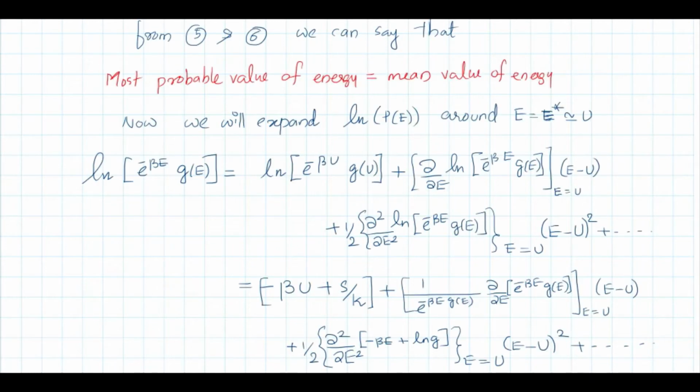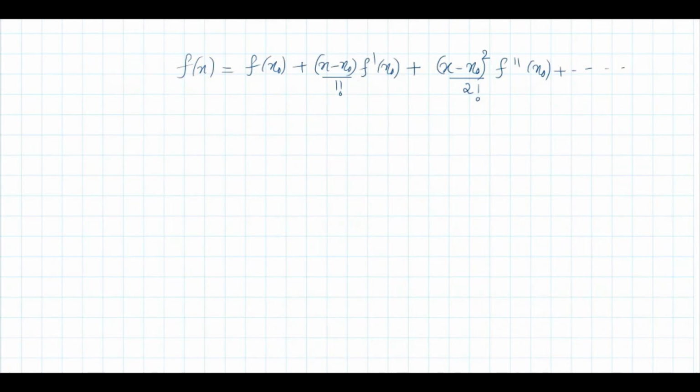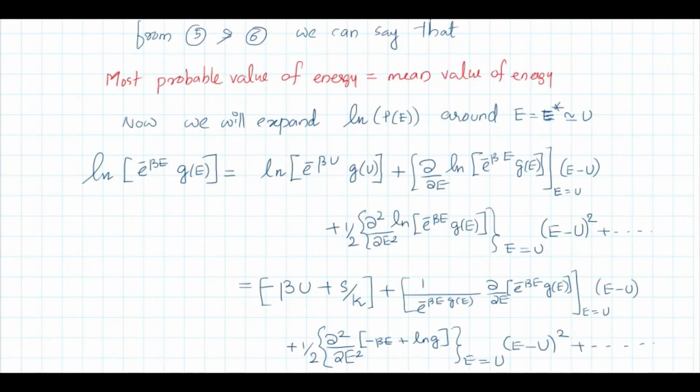So here we can write it as the logarithm of e raised to minus beta E times G of E. The Taylor expansion is the logarithm of e raised to minus beta U times G of U, instead of this f of x naught, plus (E minus U)/1 factorial times the first derivative ∂/∂E of log of e raised to minus beta E G of E evaluated at E equal to U, plus (E minus U) whole squared by 2 factorial, that 2 factorial is simply 2, times the second derivative ∂²/∂E² of the function at E equal to U, and so on, plus etc. This first term, log of e raised to minus beta U, is simply minus beta U, because log and exponential are complementary.